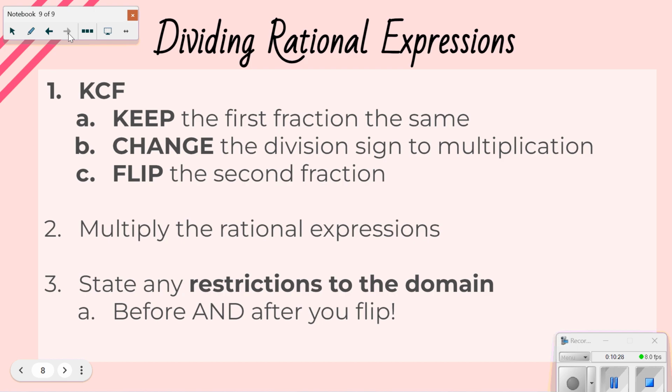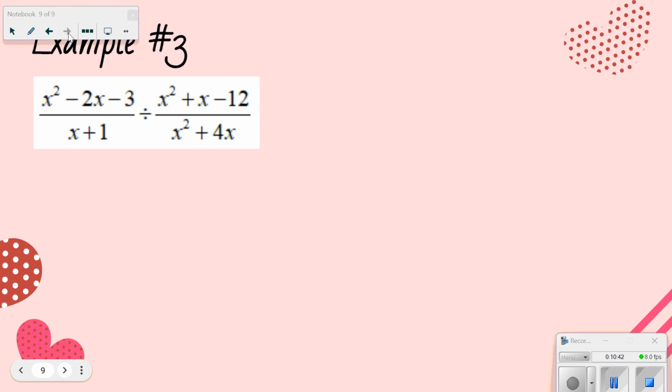So we are going to have to state restrictions to our domain any time a value could make a denominator 0. And now we'll get into that with our example. So looking at example 3, if I'm dividing, what's my process for dividing two fractions?